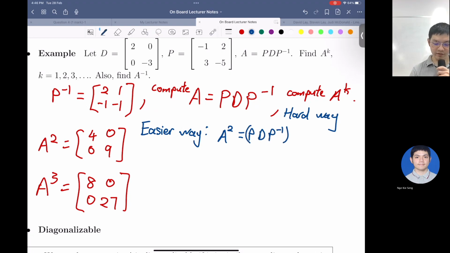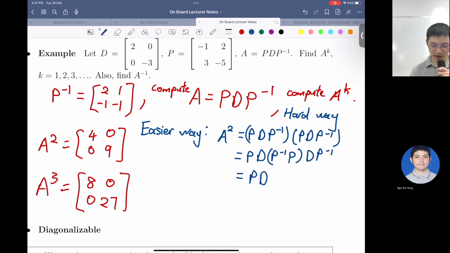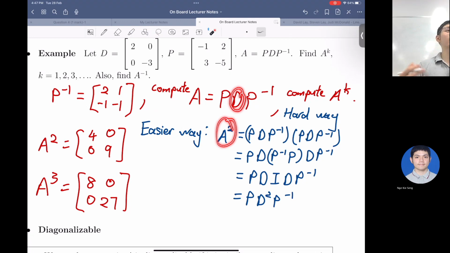I'm multiplying P D P inverse and P D P inverse. By associativity, we can multiply the middle two matrices first. In this case, what do we get? We get P D identity D P inverse, which is P D squared P inverse. So we actually bring the power all the way into the diagonal matrix. And we know how to take the power of a diagonal matrix, which is just the power of the diagonal terms. So this is the power of this conjugation.